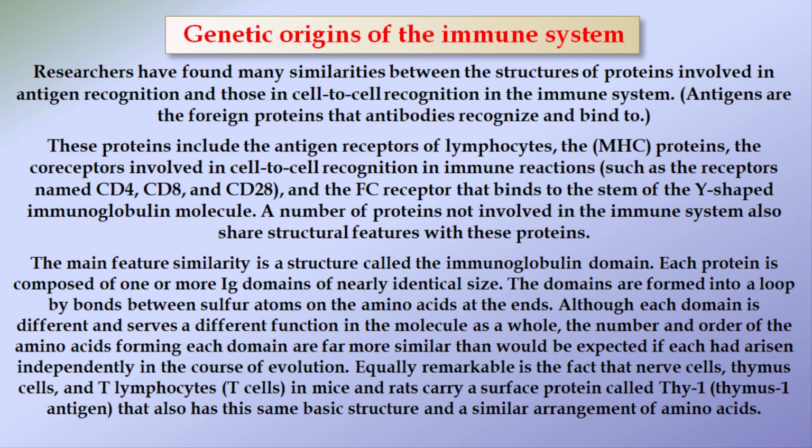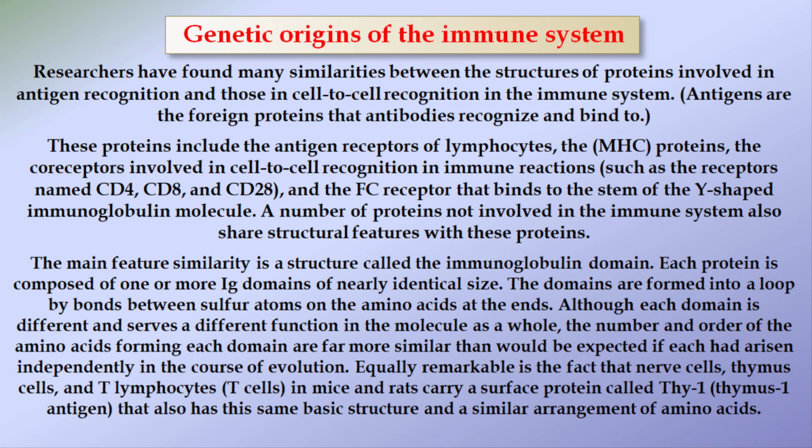A number of proteins not involved in the immune system also share structural features with these proteins. The main feature of similarity is a structure called the immunoglobulin domain. Each protein is composed of one or more Ig domains of nearly identical size.